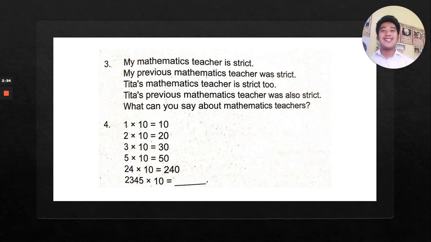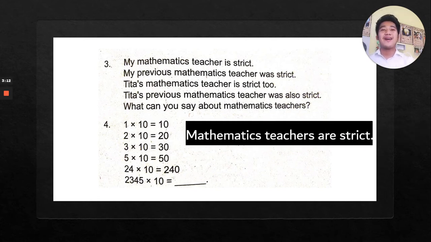Now, with these 4 statements, what can you say about mathematics teachers? Oh, am I strict? Okay, what is your answer? Just based on the given statements. Yes. We can say that mathematics teachers are strict because of the 4 statements given, okay, or provided.